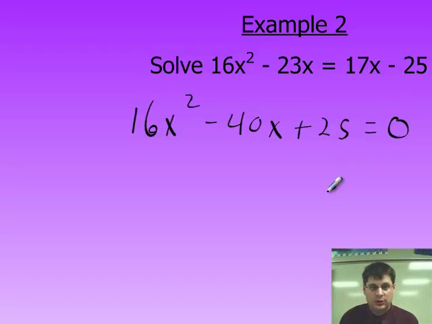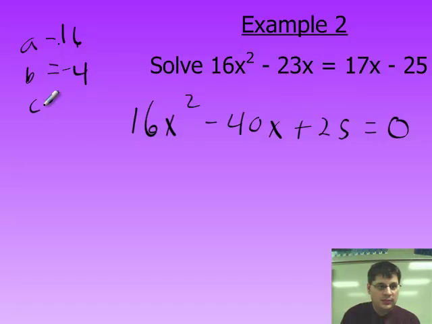And so my a in this case is 16, my b is negative 40, and my c is 25. So I have some larger numbers I need to work with.